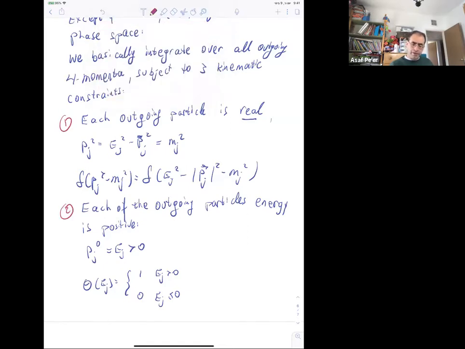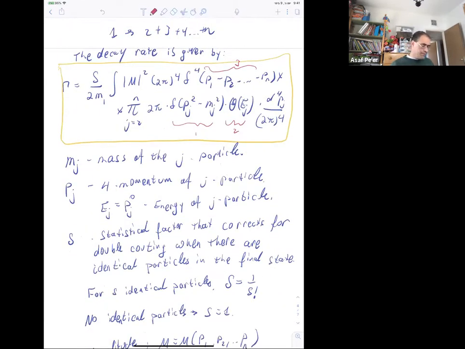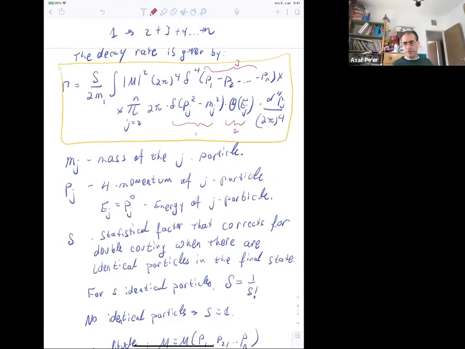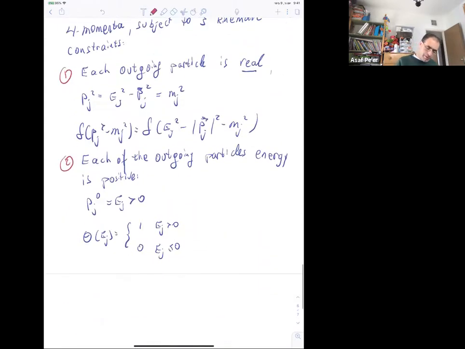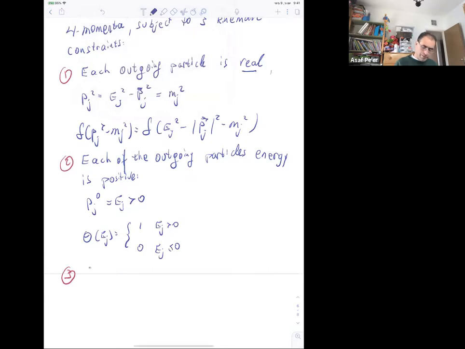And the third constraint, reminding you, that's a simple constraint. Momentum conservation. Exactly. It's a 4-momentum, so it's really energy and momentum conservation. So the third constraint is energy and momentum conservation.